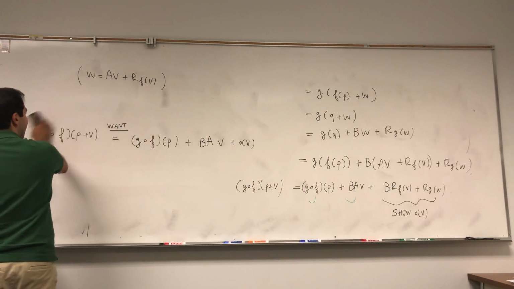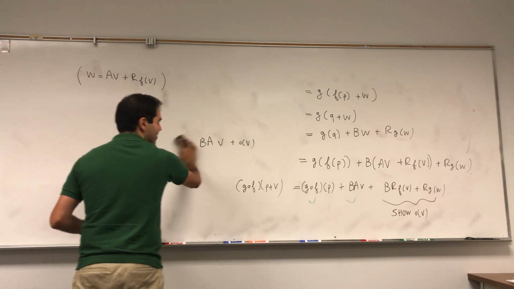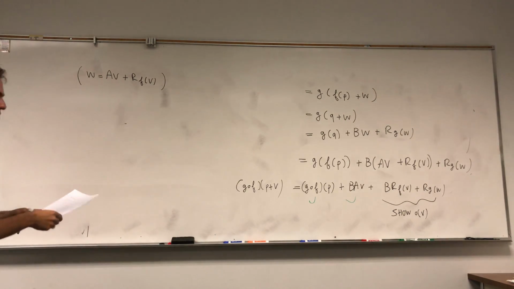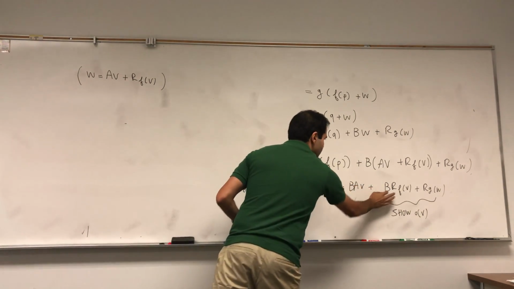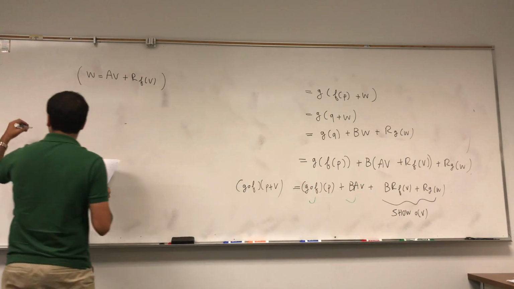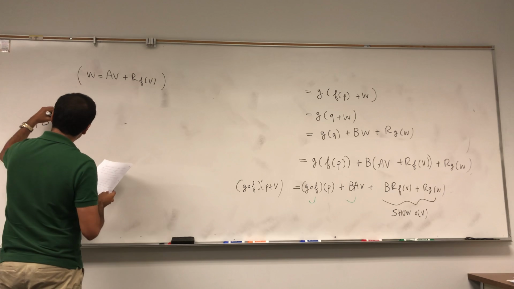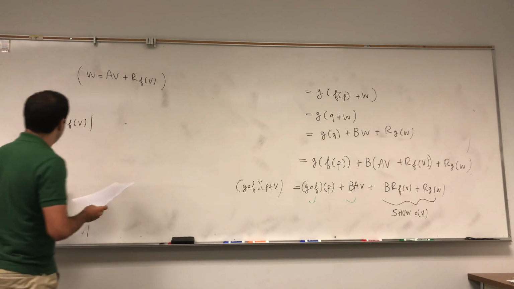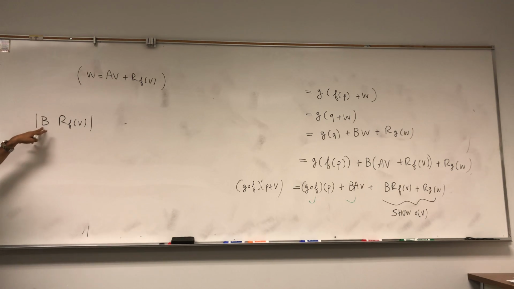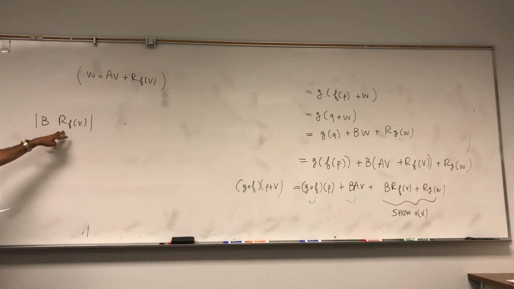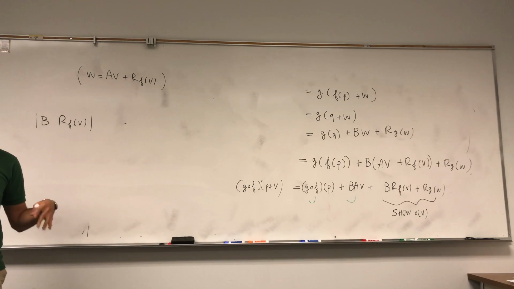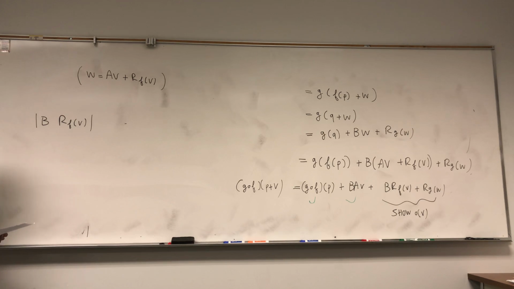Okay, so now all we need to show is that those terms are small. So first, let's deal with this thing, B r f of v. So sorry, it's B times the remainder term. So it's a matrix times some term. Think of a matrix as a number. It's like 2 times the first component plus 3 times the second component, et cetera.